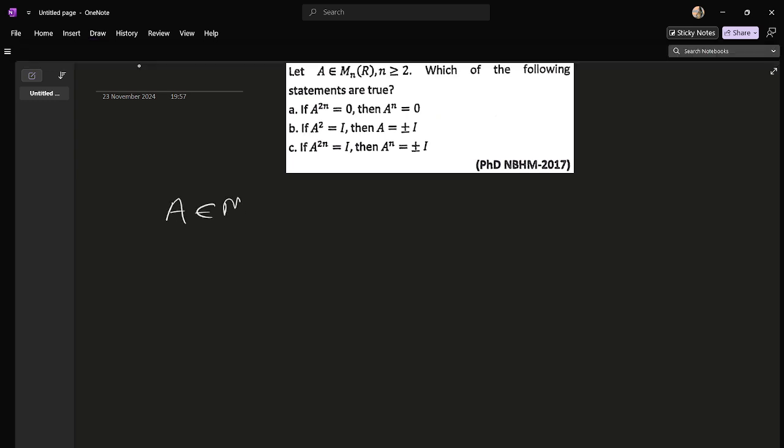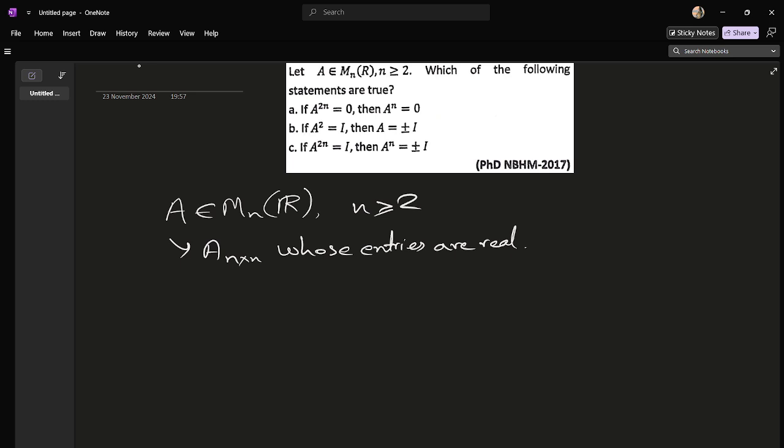That means A is an n cross n matrix whose entries are real, and n is greater than or equal to 2, so the matrix orders will be 2, 3 and so on. Which of the following statements are true?